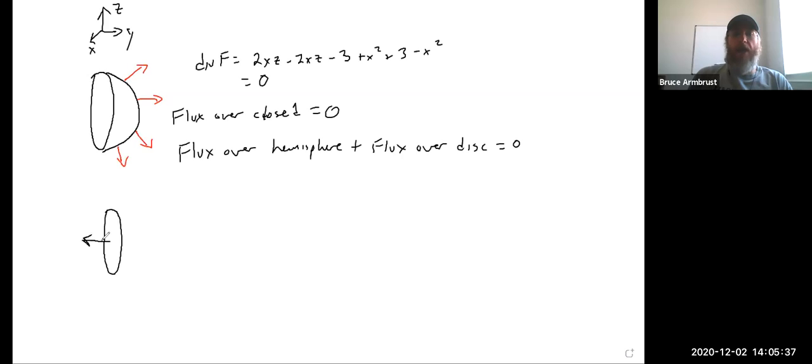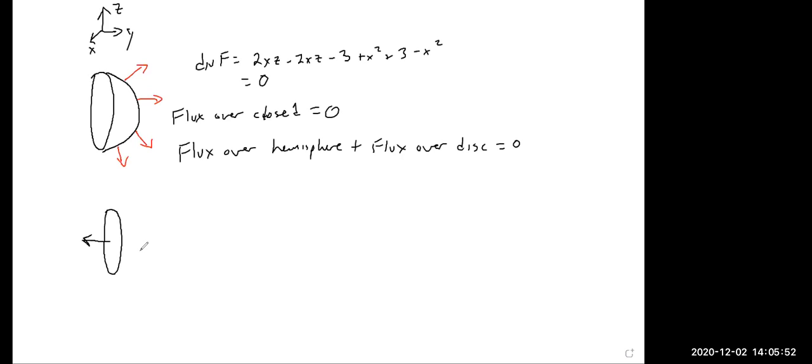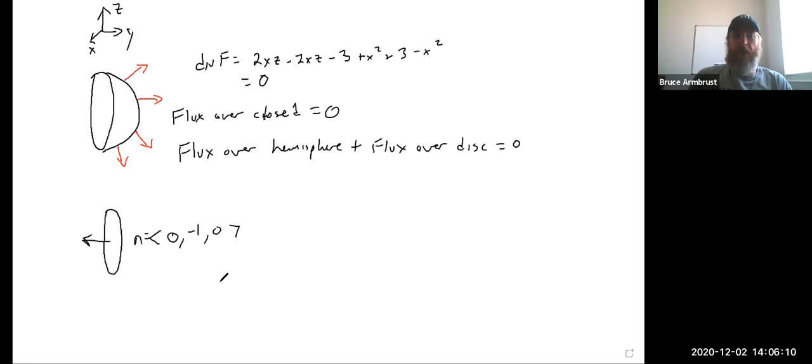Okay, so what's that vector for the disk? Yeah, it is normal, but can you give me the coordinates? Zero, negative 1, 0. Beautiful. It's a really, really easy one. It's just 0, negative 1, 0, because it's only pointing in the y direction and it's going that way.